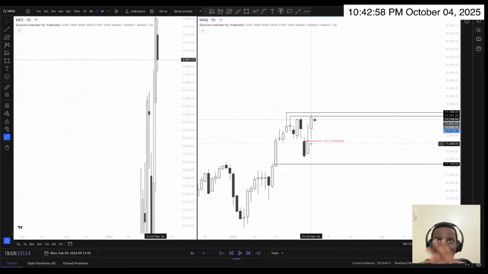I wonder why these candles are still looking so messy. Let me switch it up.